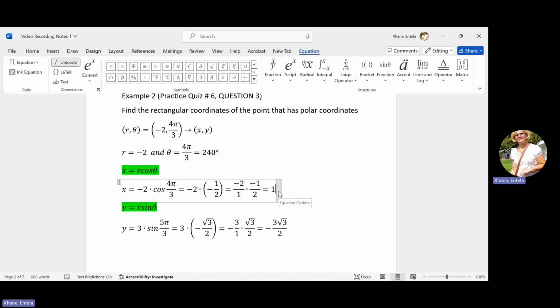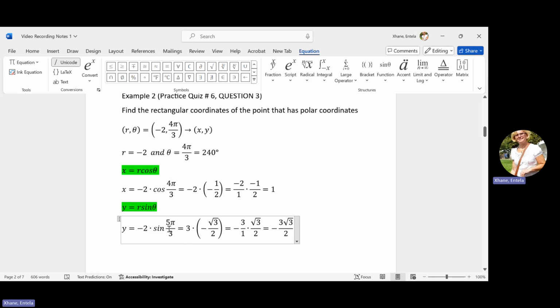Now let's transition into finding the second coordinate. The second coordinate is based on y equals r sine of theta. So r is the same, -2, and then sine of theta is going to be sine of 4 pi over 3. Again, an angle in the third quadrant where sine has a negative sign. So this is going to be negative, but numerically it's the same as the value of sine of 60.